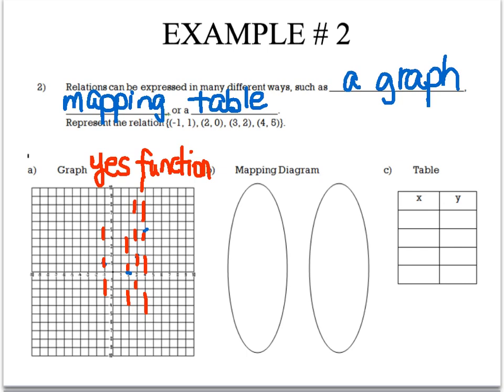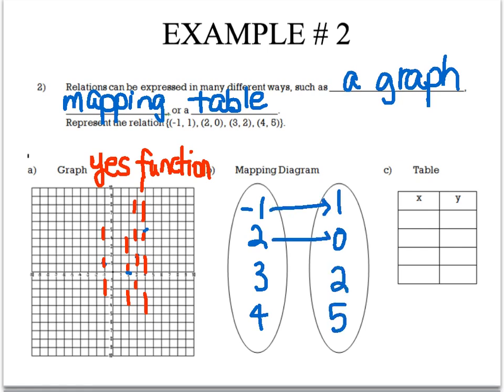When we're doing a mapping diagram, we put all of the x values or all of the inputs in one bubble. And if there are repeats, we only write them once. And then we put all the outputs in the opposite bubble. And then we just draw an arrow to show what goes with what. That's our mapping.